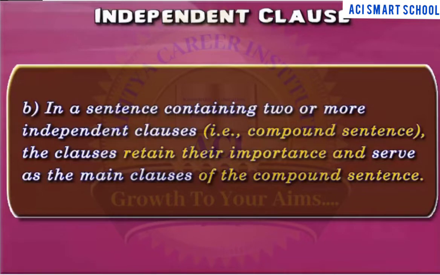So, if a sentence has two or more independent clauses, which is also called a compound sentence, the clauses continue to hold importance and serve as the main clauses of the compound sentence.